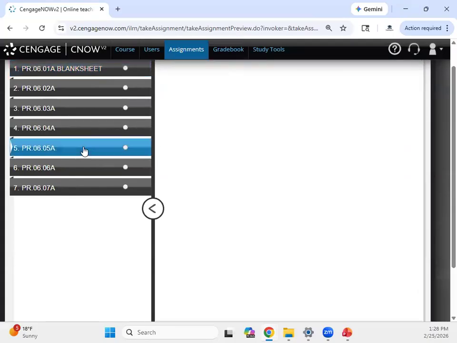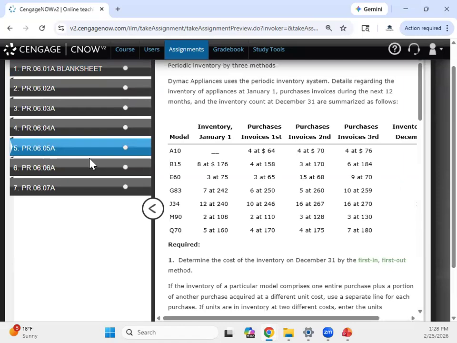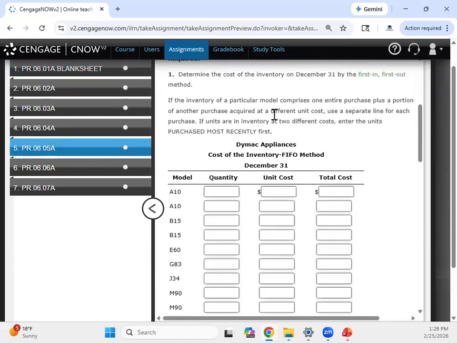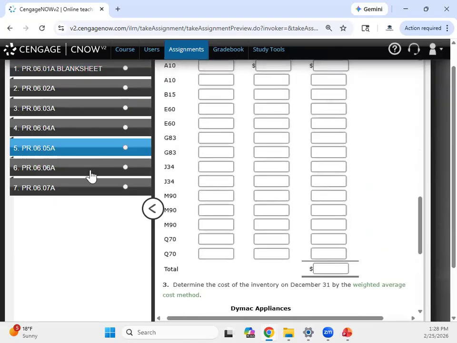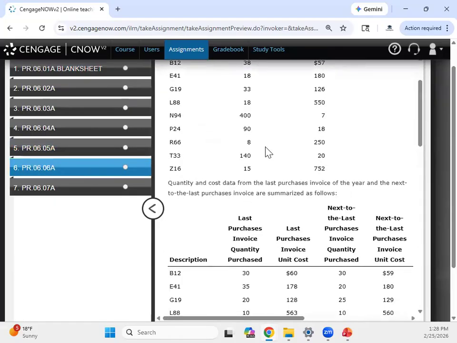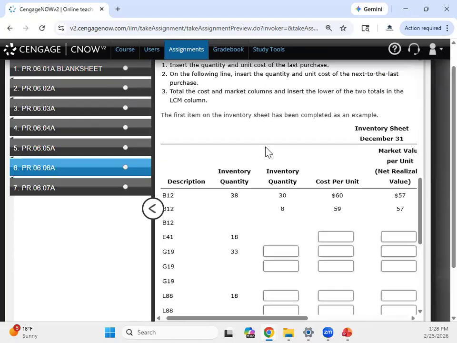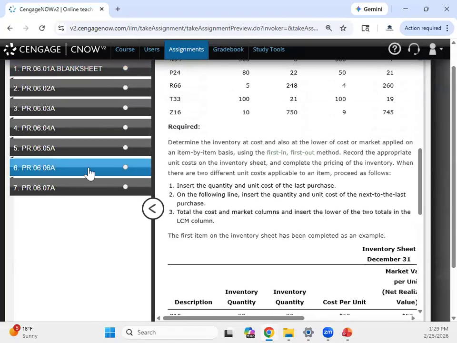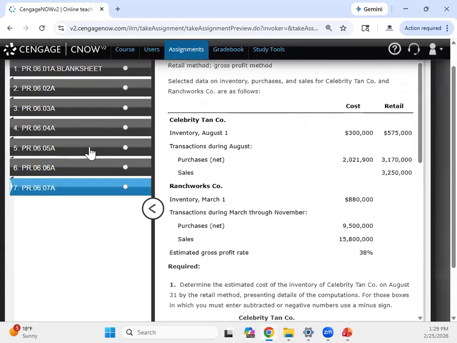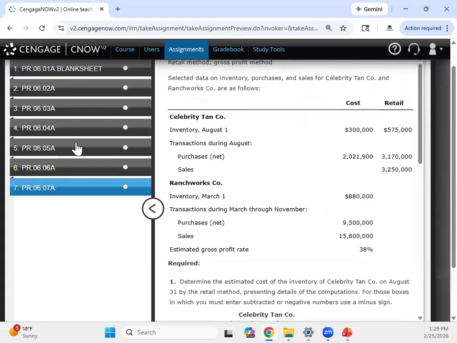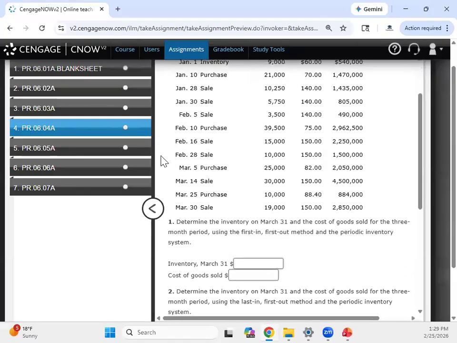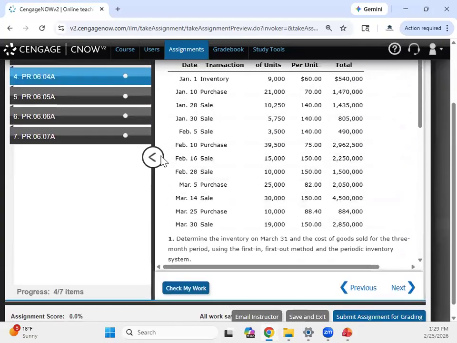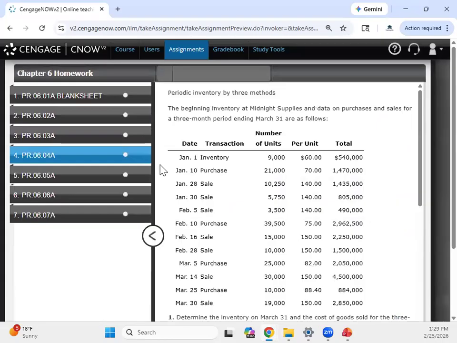Okay, we'll use this example here. This is a good weighted average cost example.